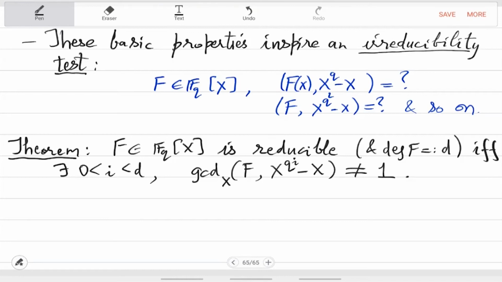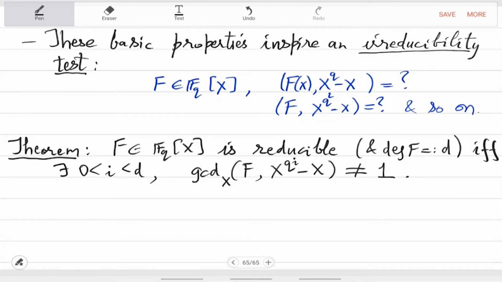I log q for every I. But the degree of this is q to the I. Well, take I equal to 1. So if you are taking GCD with x to the q minus x, that is a q degree polynomial, right? So if you just use Euclid GCD directly, then this will give you q in the time complexity.